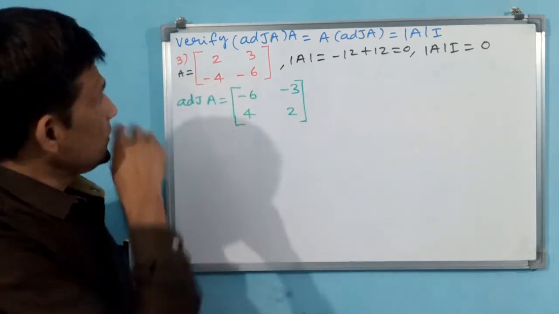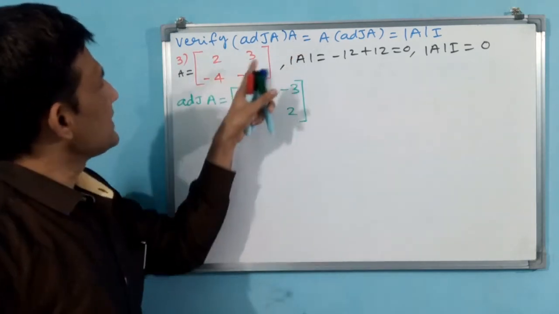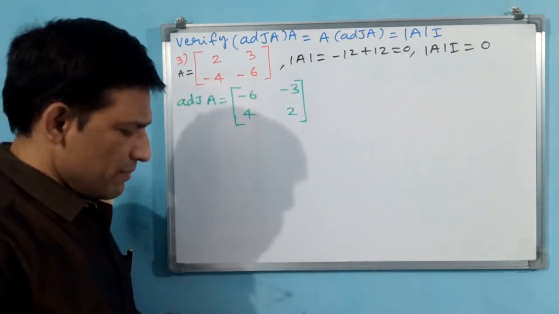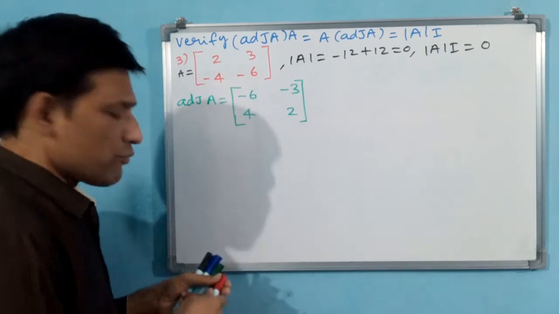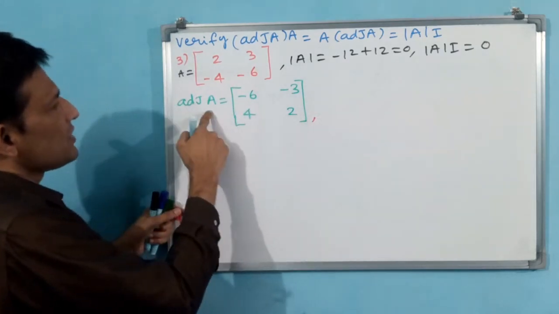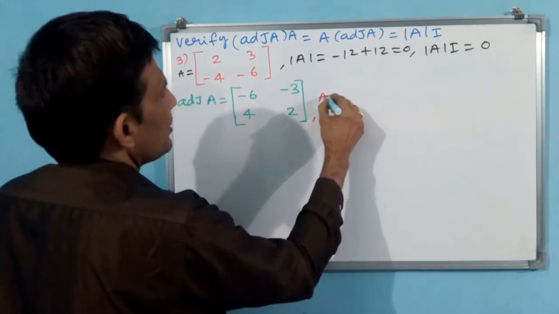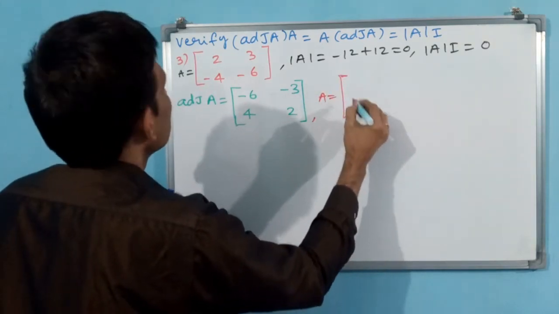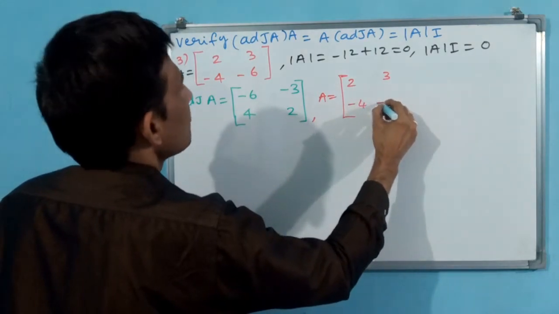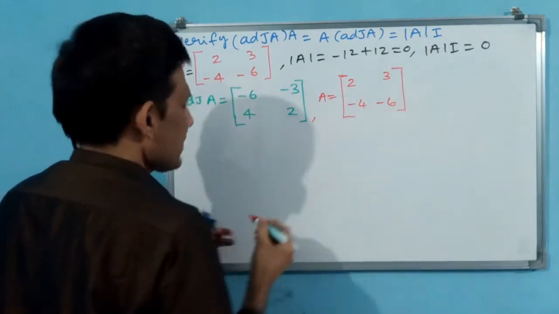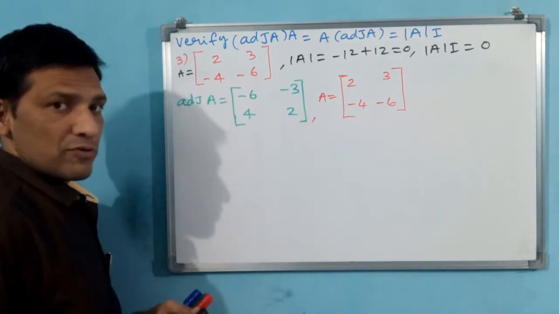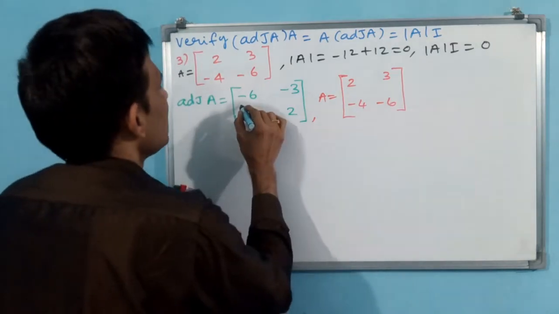Now you calculate what we have to calculate, adjoint A into A. I am putting a comma here. Why? Because you should have adjoint A and A side by side. A is equal to again 2, 3, minus 4, minus 6. Why am I writing side by side? If you write side by side, you can easily do this multiplication.